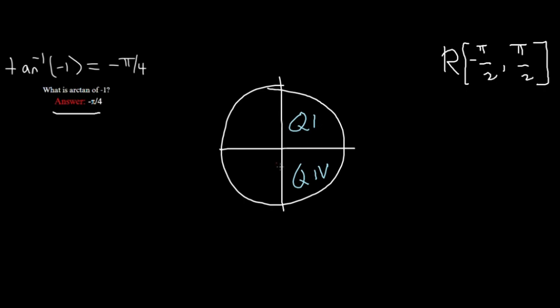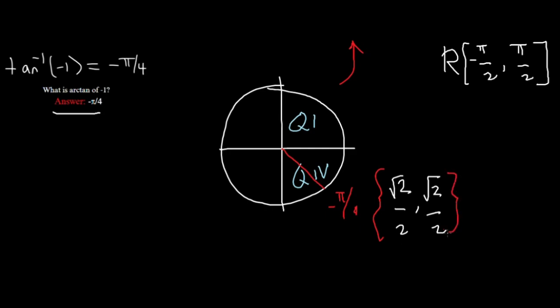Now, this is where the negative pi over 4 located at, as same as the example sa taas, na pi over 4. Ang ordered pair nito ay square root of 2 over 2 and negative square root of 2 over 2. Whereas yung cosine or x value is positive and sine value is negative. Okay?